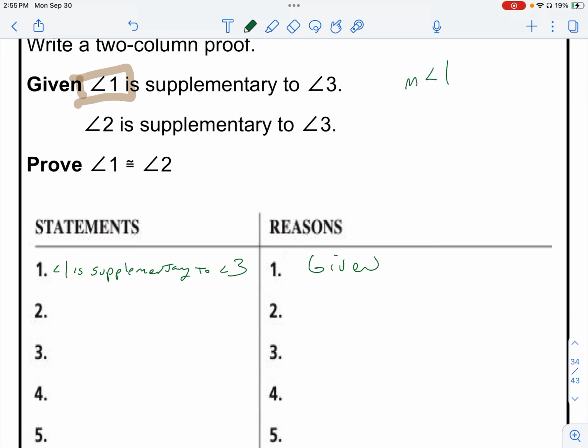I know I have more tools with numbers than I do with angles, so I want to convert this from the angle to the measure. If angle 1 is supplementary to angle 3, that means the measure of angle 1 plus the measure of angle 3 equals 180 degrees. That is the definition of supplementary angles.